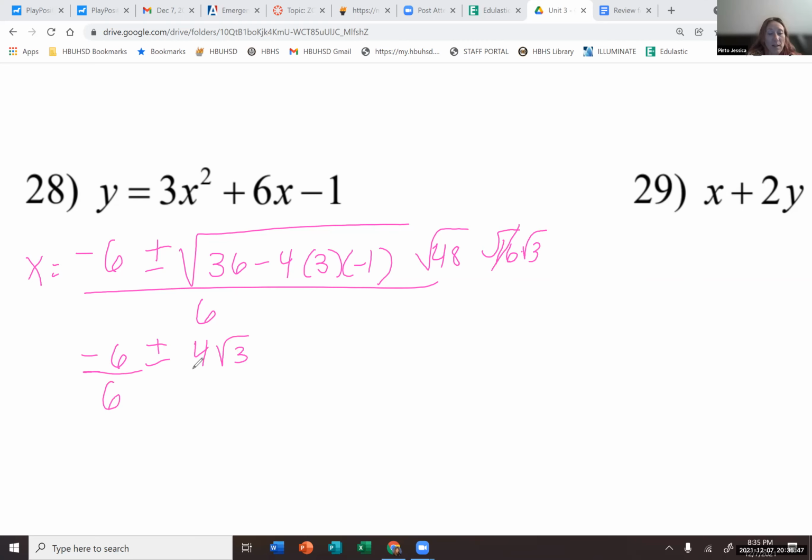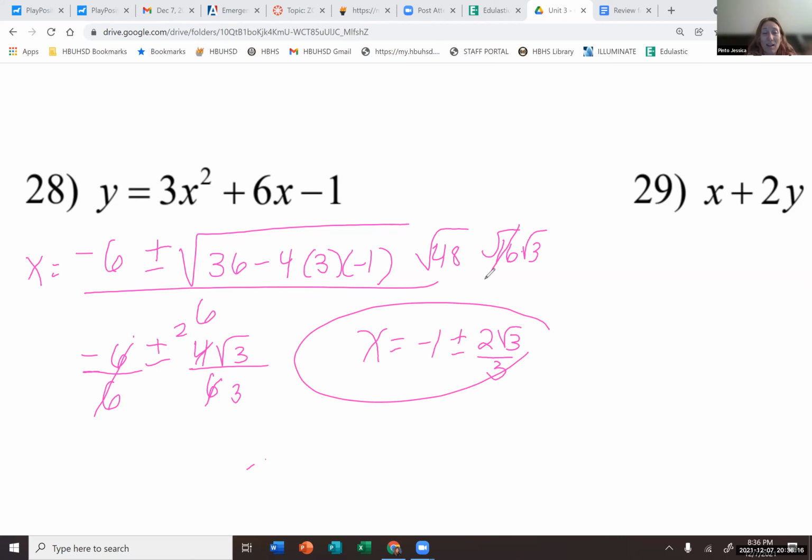Dividing both of these by 6 will help me reduce. Oh, no. So I wanted to say the same denominator. So I'm just going to divide them so that this will stay as 3. So look at that. This would be 2 and this would be 3. X is equal to -1 plus or minus 2 rad 3 over 3. I'm fine with it.